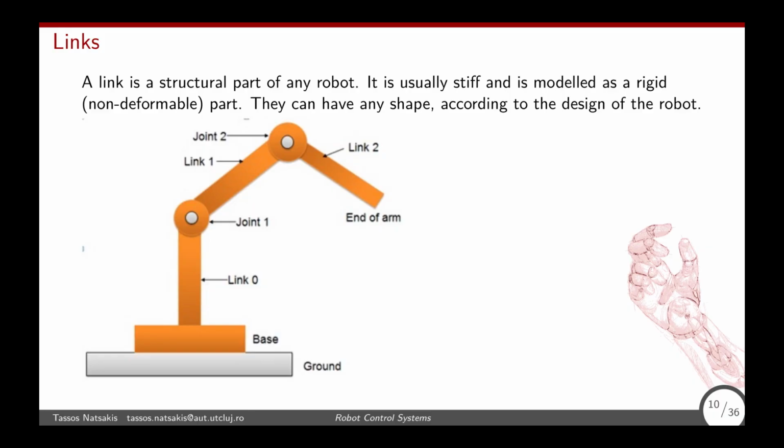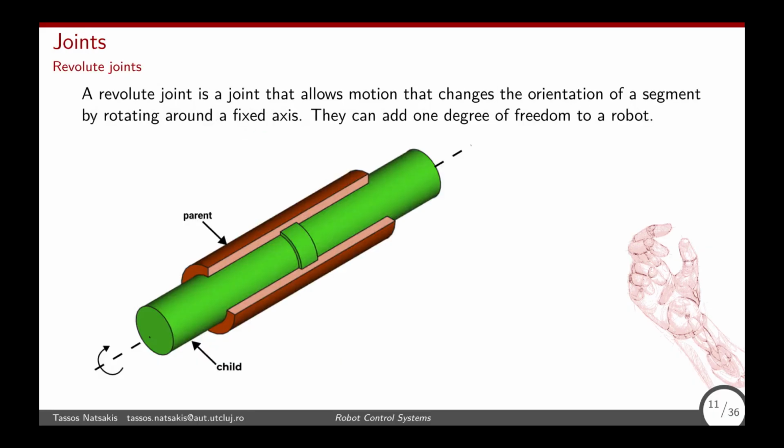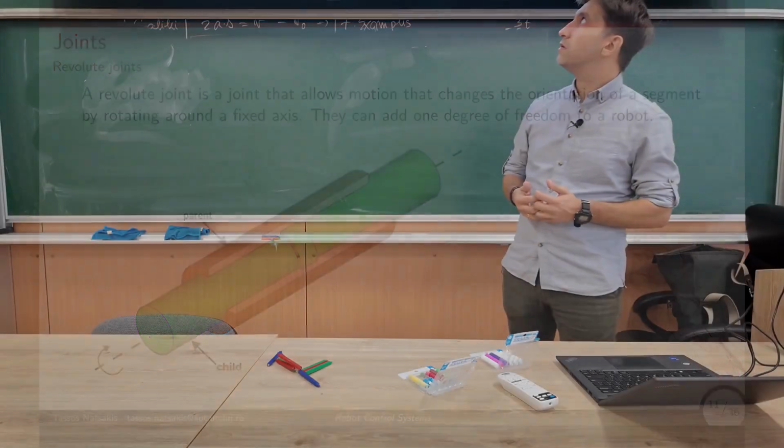Now, links are combined using joints. So that's the moving part of a robot. And we have two types of joints. There are more types of joints, but in robotics, usually we have these two types. Out of the two, the most popular one is what we call the revolute joint.